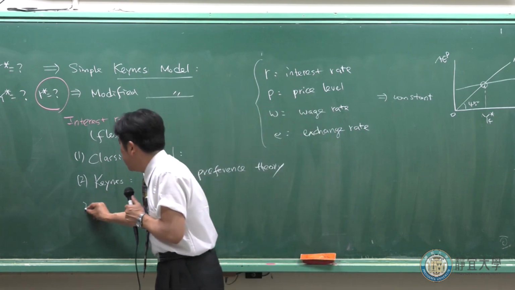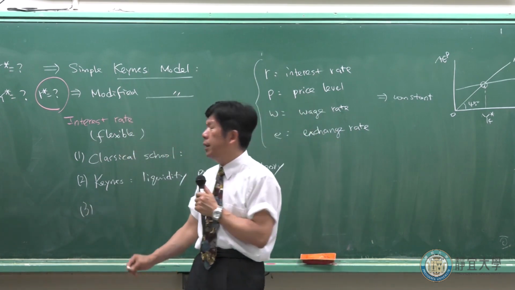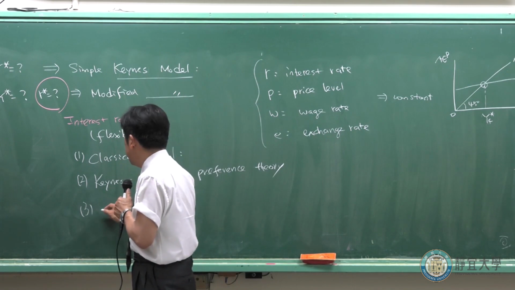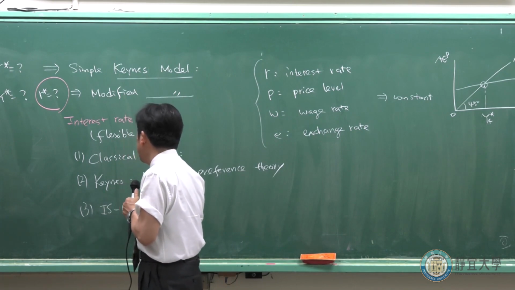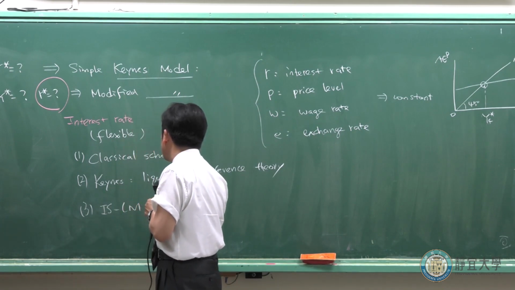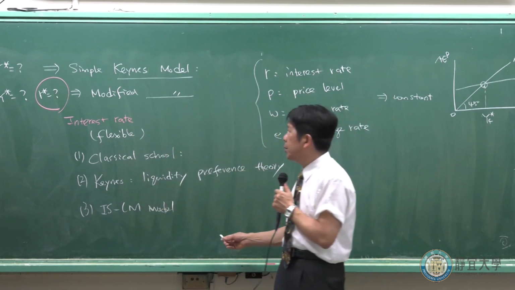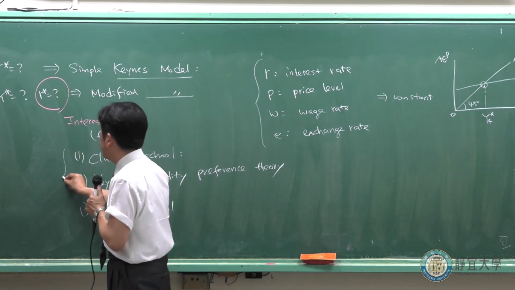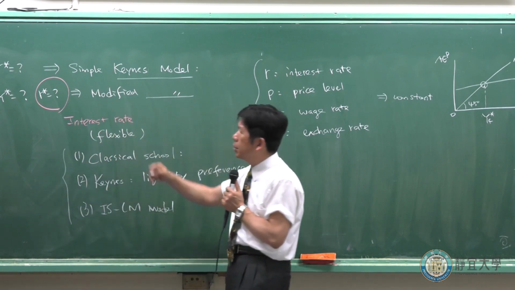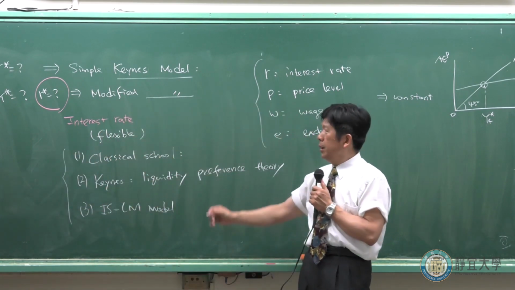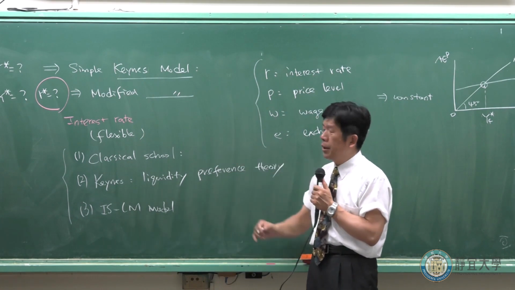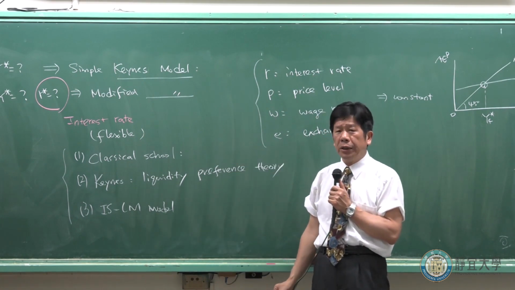And the third one we try to talk about is the IS and LM model. Actually, these theories just try to analyze the interest rate.